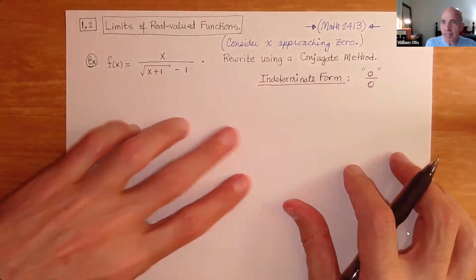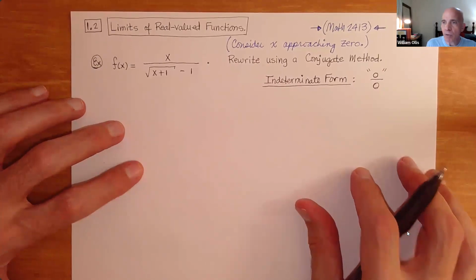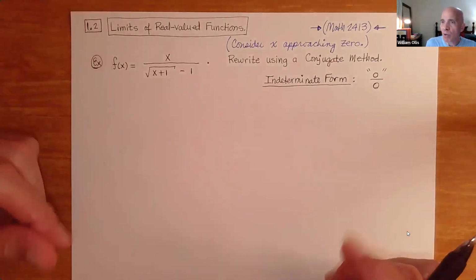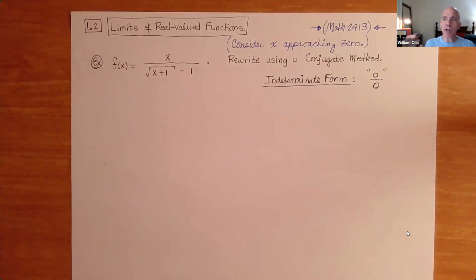Now, when we look at something like that, we just say, okay, well, indeterminate means we don't know. We don't understand division by 0. And so if we have 0 or approximately 0 in the numerator and 0 in the denominator, those do not absorb. They don't tell us anything.